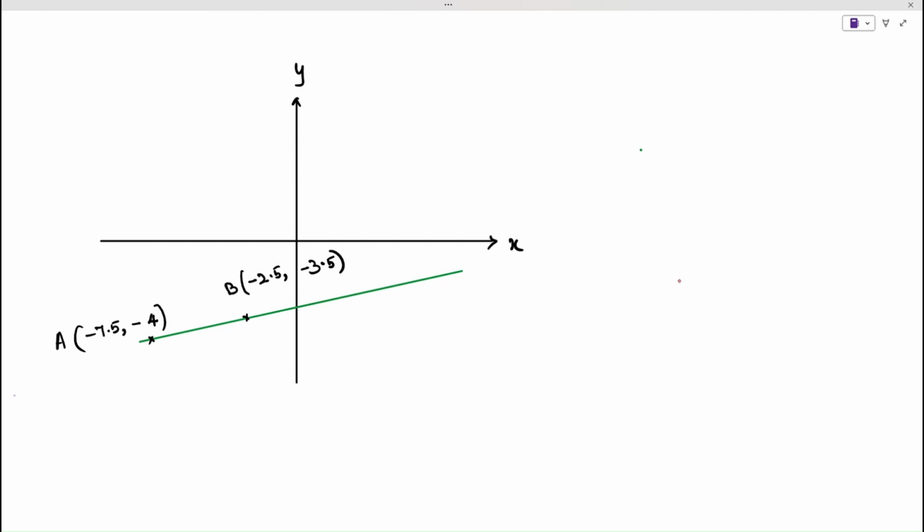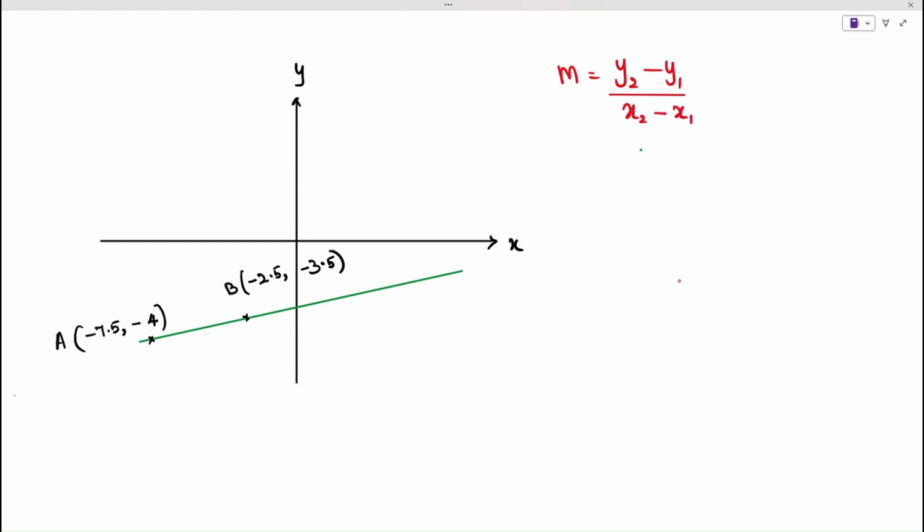Now we can move on to our second line, and let's go straight into solving this. What we're going to do is write out our equation for the gradient. So m is equal to y2 minus y1 over x2 minus x1.